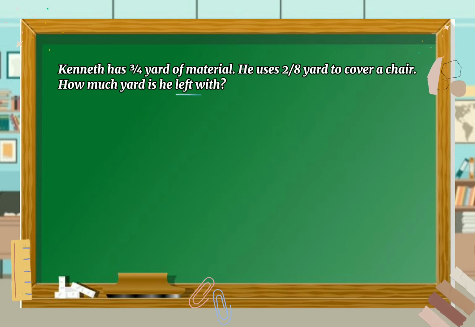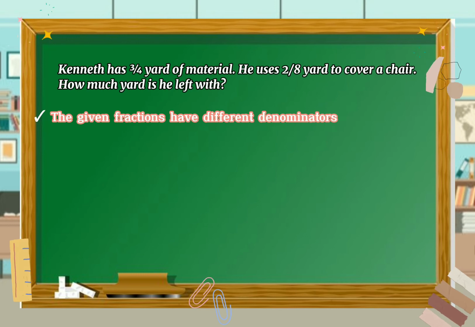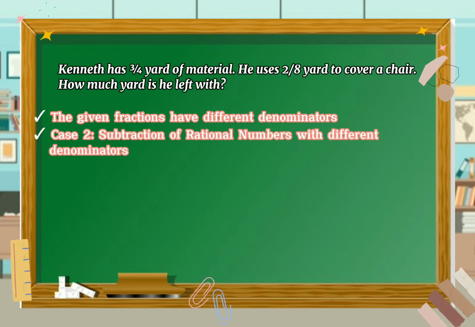And as we also observed, the given fractions have different denominators. Therefore, as we solve this problem, we must use the second case, which is the subtraction of rational numbers with different denominators. For you to understand, here is its solution.